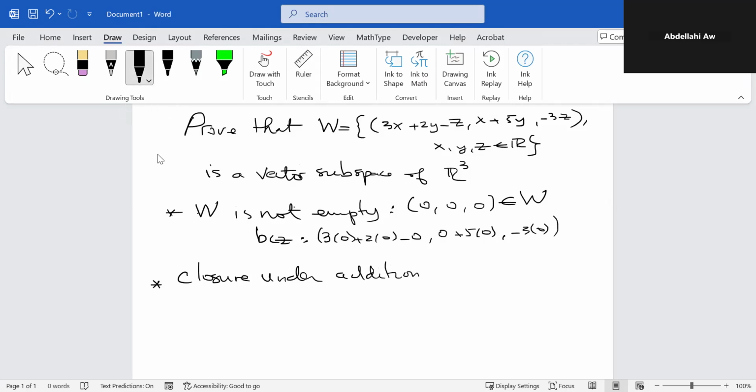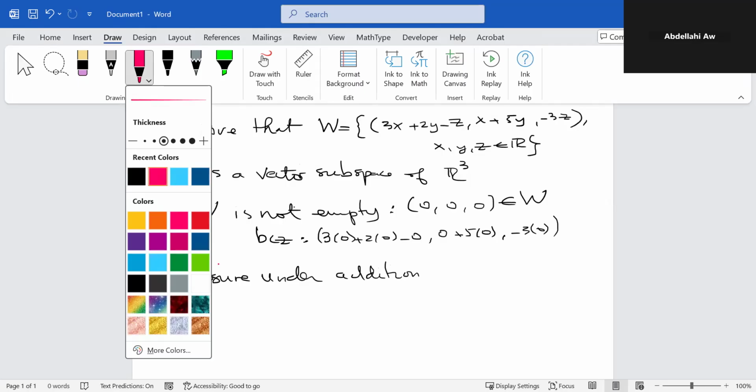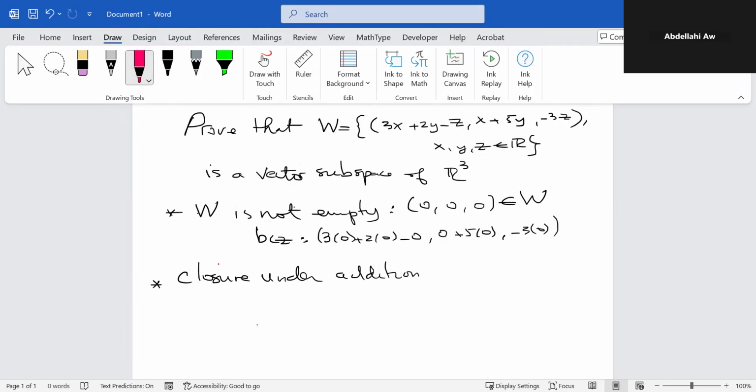A generality must be proven in general. So let me give myself two vectors in W. u1 equals (3x1 + 2y1 - z1, x1 + 5y1, -3z1). That's an element of W.